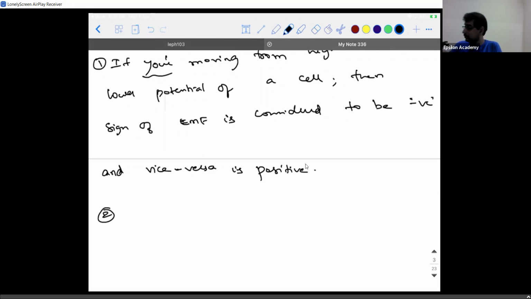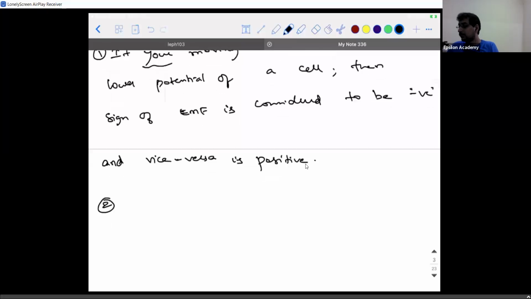So let's say you have a cell and across the cell you are walking from higher to lower potential, then the sign of the EMF is considered to be negative. If it is reversed, that is you are moving from lower to higher, it is taken to be positive.